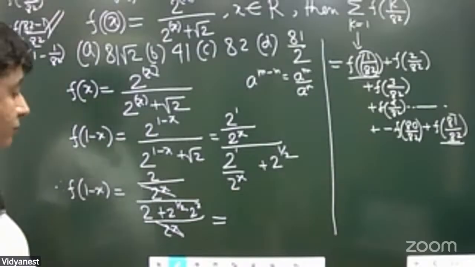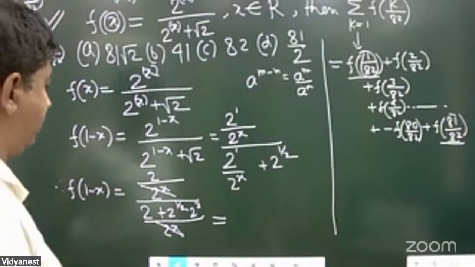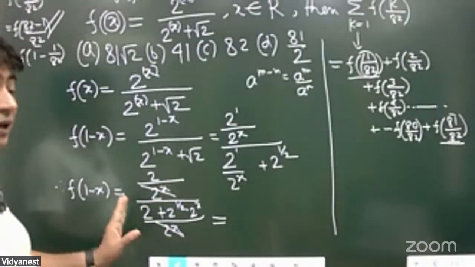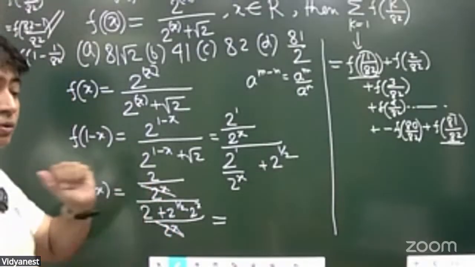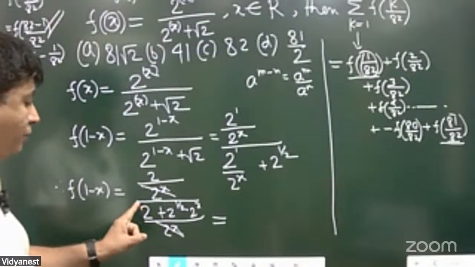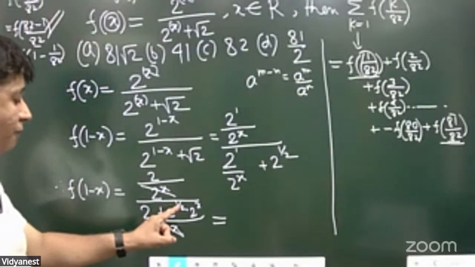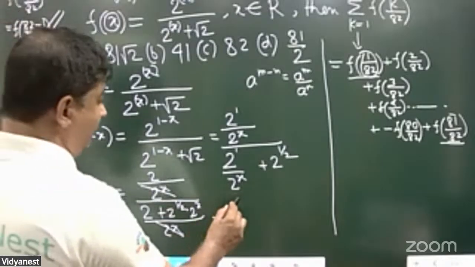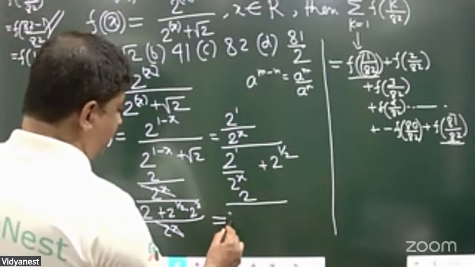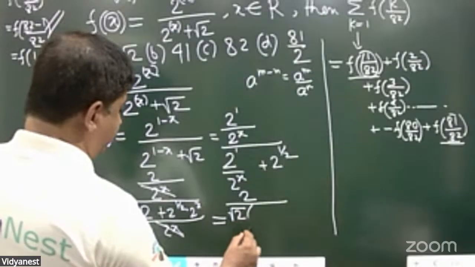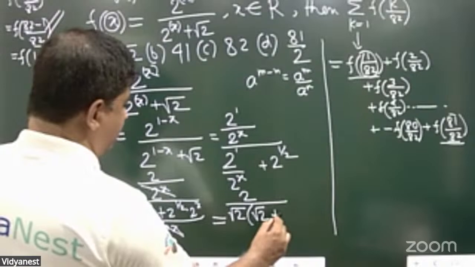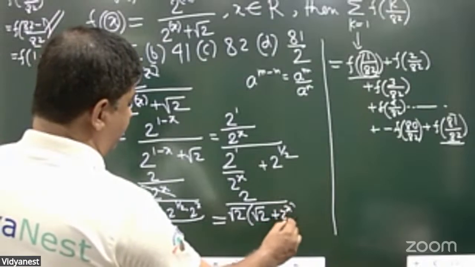Now, from the denominator, what can I take common at maximum? What seems common to you? Here we have 2, and here 2 to the power half means root 2. I can take root 2 common. So if I take root 2 common, what will be left for me? Root 2 plus 2 to the power x.